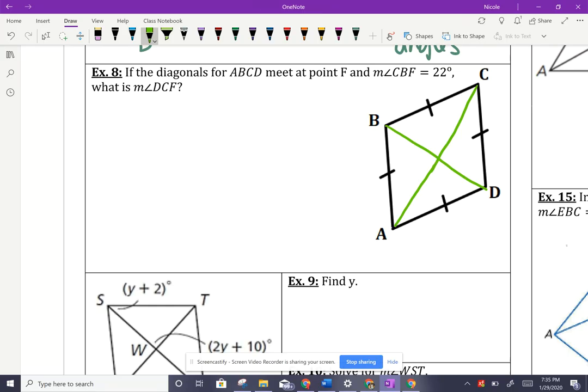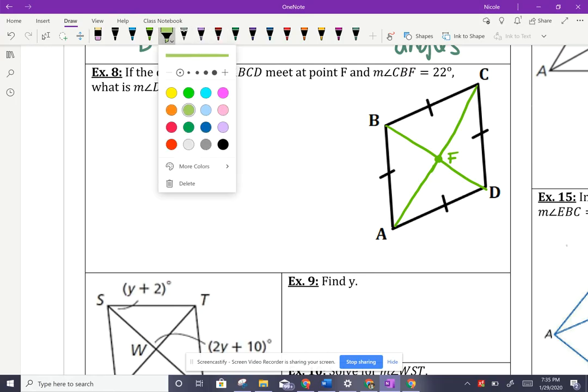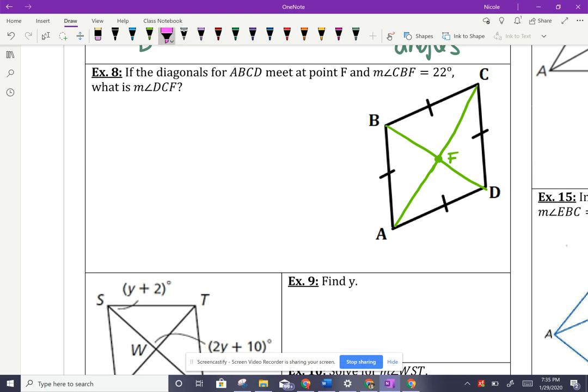So this is now point F, and angle CBF. I'm going to highlight that so it sticks out. CBF, that's this angle in here, is 22 degrees.